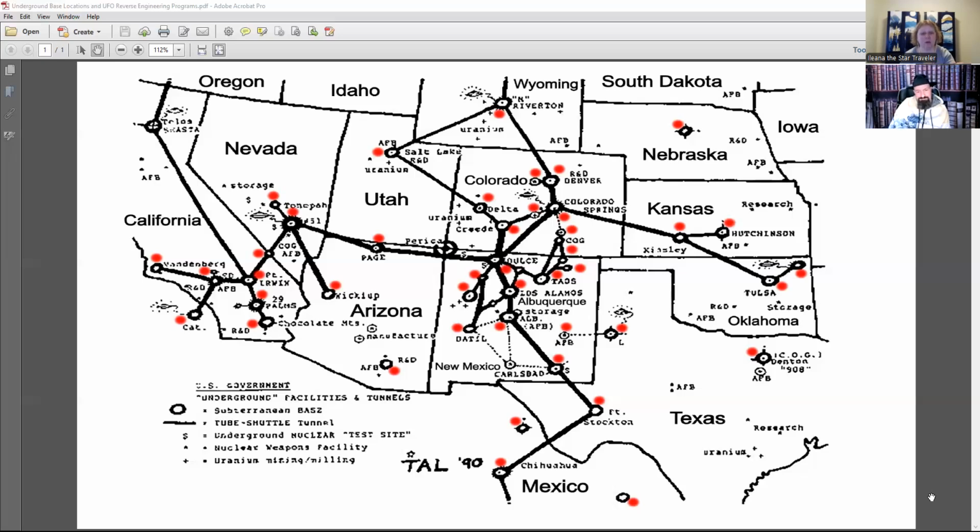Hmm. And even some of this map, like in Nevada, it shows a disk beside Tonopah. Then in Tulsa, Oklahoma, it shows another disk beside these bases. And then from Albuquerque going to Texas shows another disk.